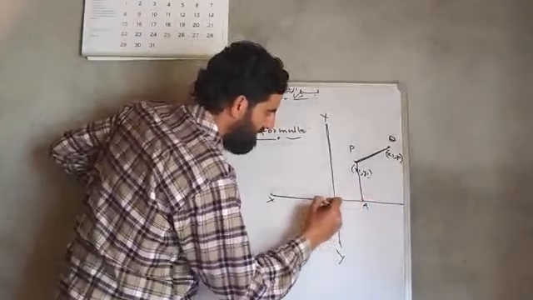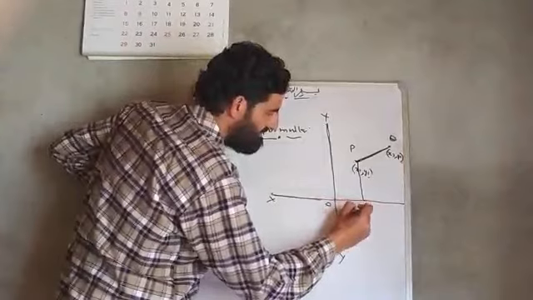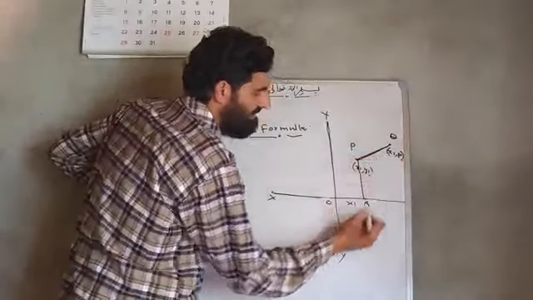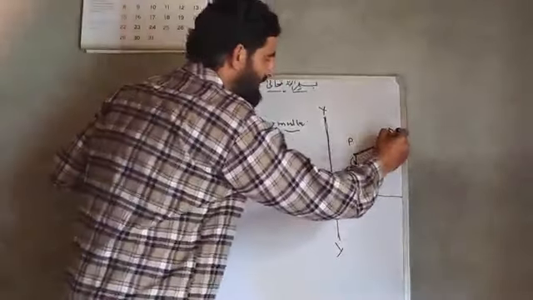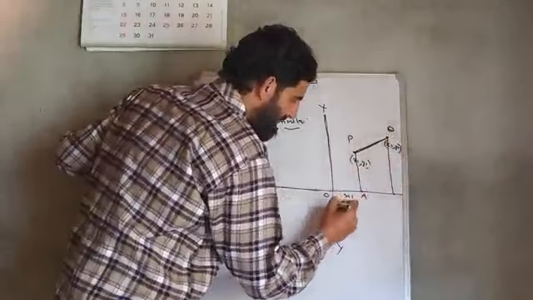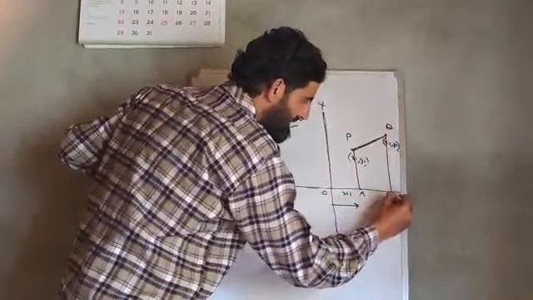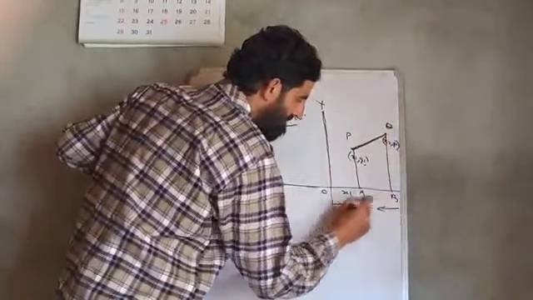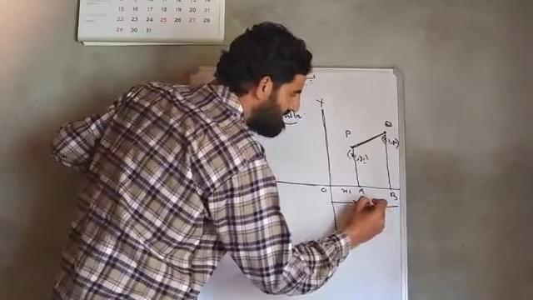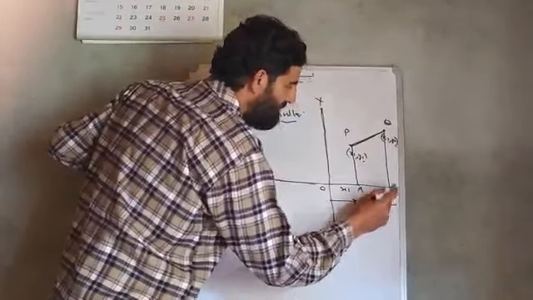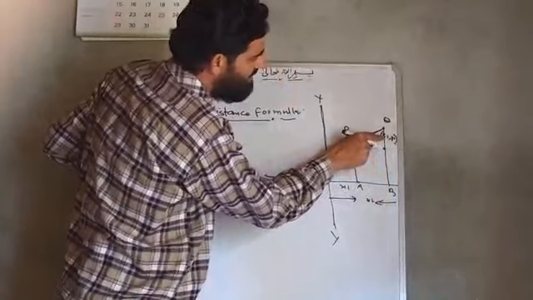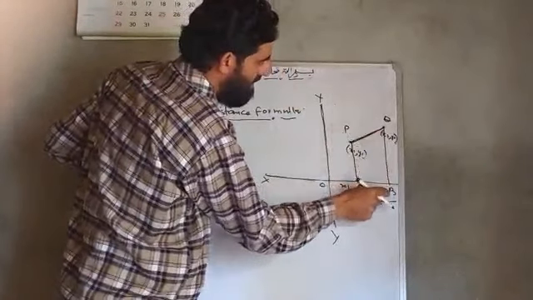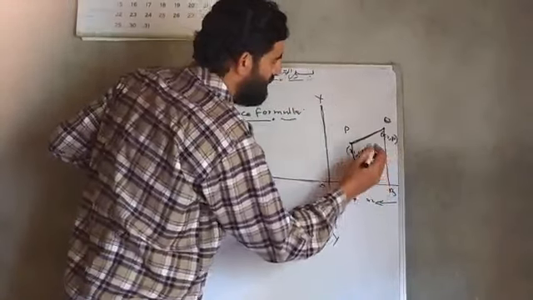Suppose this is A: from O to A it is x1, and from A to P it is y1. Similarly, suppose this is B here: from O to B it is x2, because the x coordinate of this point is x2, and from B to Q it is y2.